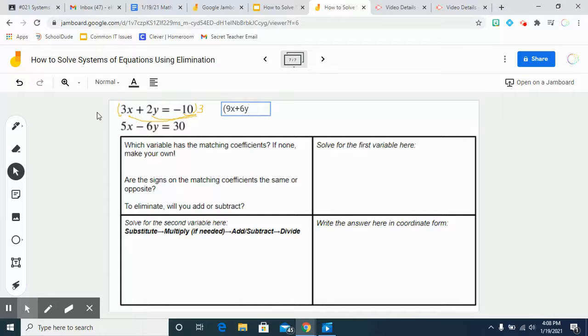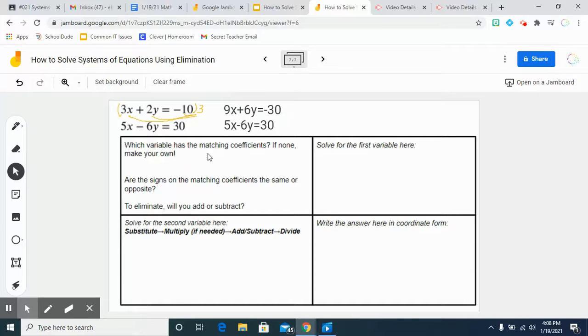And then we have equals 3 times negative 10, which is negative 30. And I don't actually need the parentheses right there, so I'm going to get rid of it. And then finally, our bottom equation, I'm just going to write as usual. And so this is going to be our new system of equations that we work with.